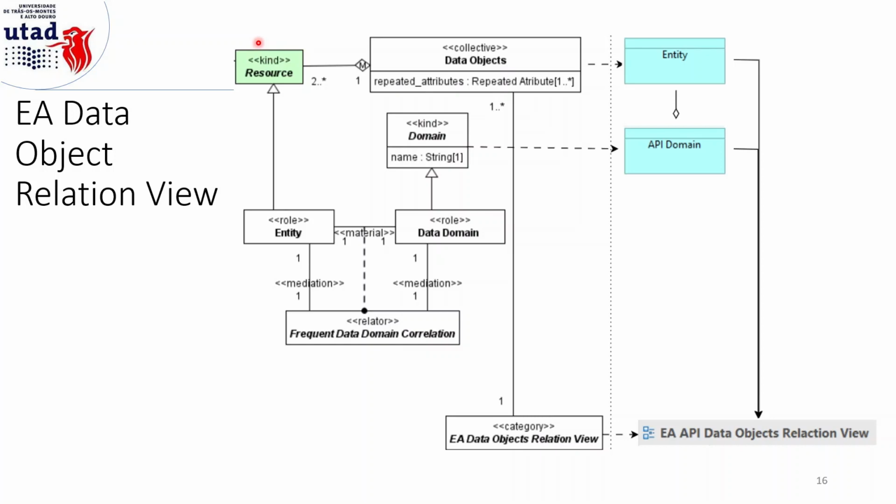The repeated attributes of data objects are used to measure the strength of the relation. Then the entities are mapped to an application data object element in ArchiMate, and the domain is also mapped to another ArchiMate data object that aggregates the entities.